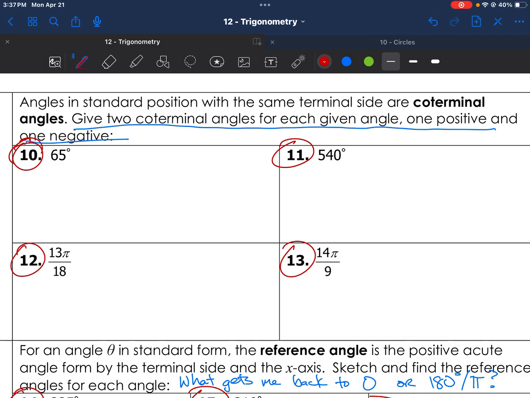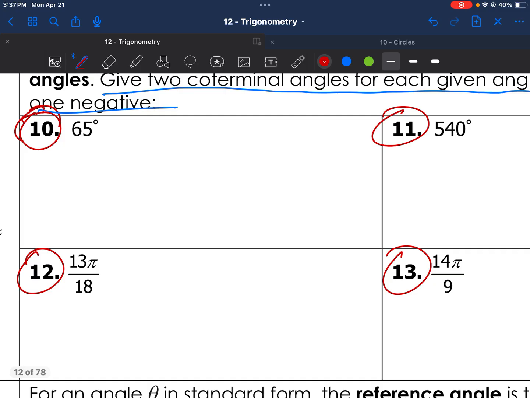Well, the quickest way to do this is to think of it as they have to start and stop in the same place, so we're thinking about going basically a full 360 around from where they would have started. So, for example, if I have a 65-degree angle, if we were to graph this real quick, eyeballing it maybe about like this, this would be a 65-degree angle.